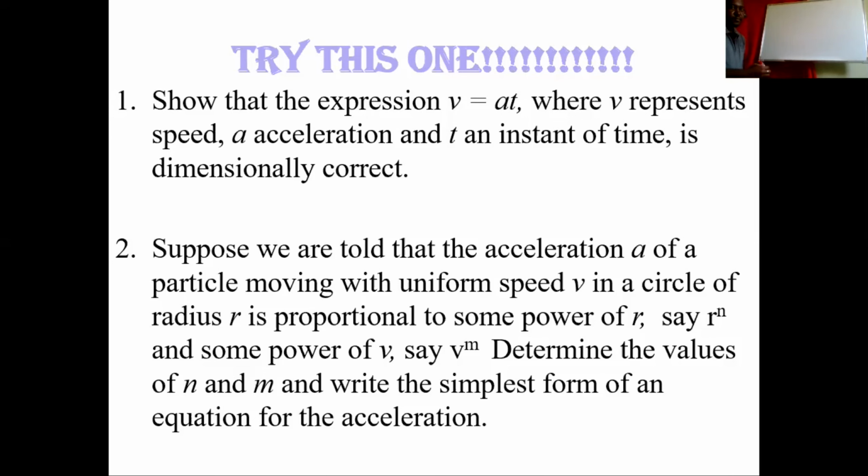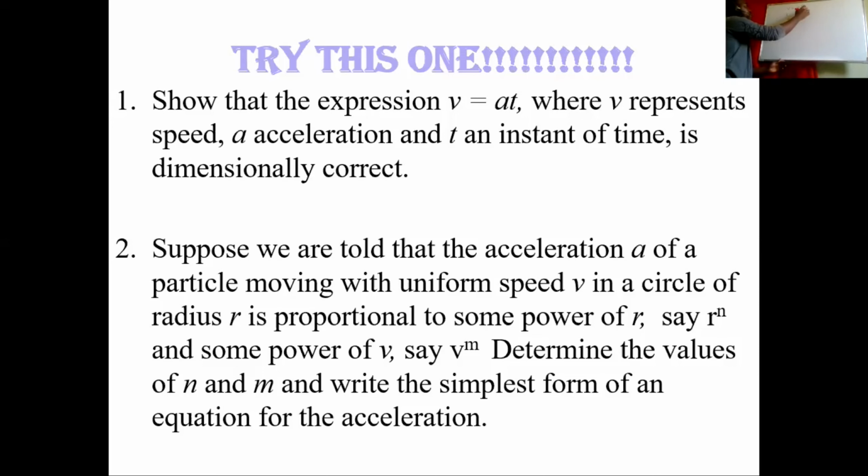L over T. So let's write the equation. For v, we're going to have distance over time, which is distance is L, and time is capital T, right? And that's equal to a, which is L over T squared.